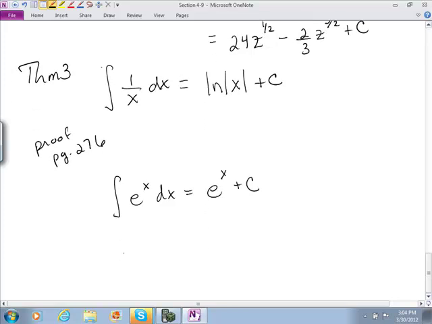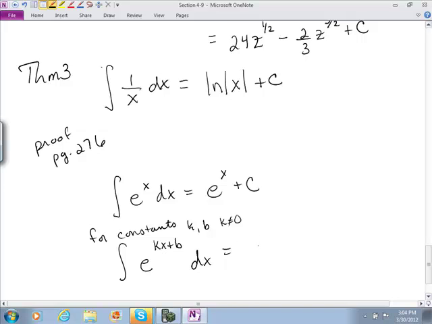Now, what if it was more exciting? What if it was the antiderivative of e to the kx plus b dx, where k and b are constants, numbers? Obviously k can't be 0 because that's kind of silly.